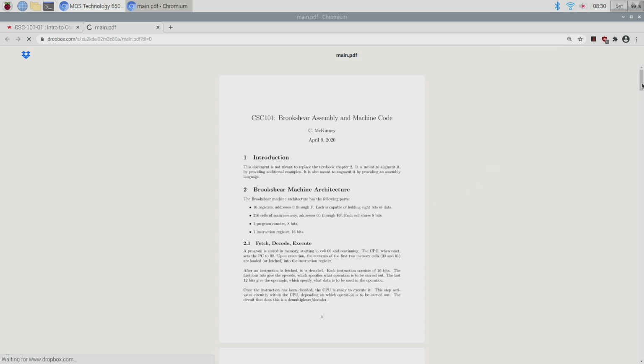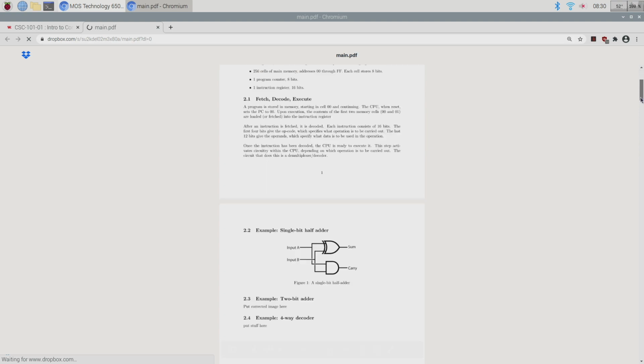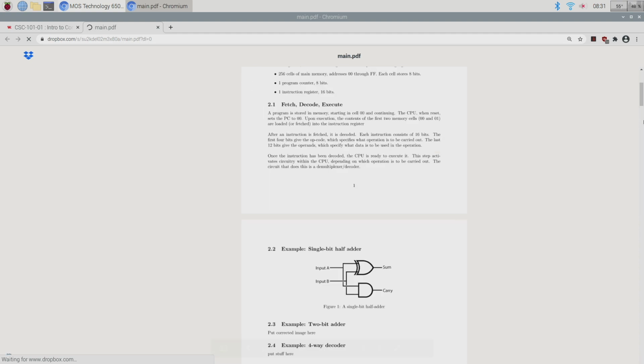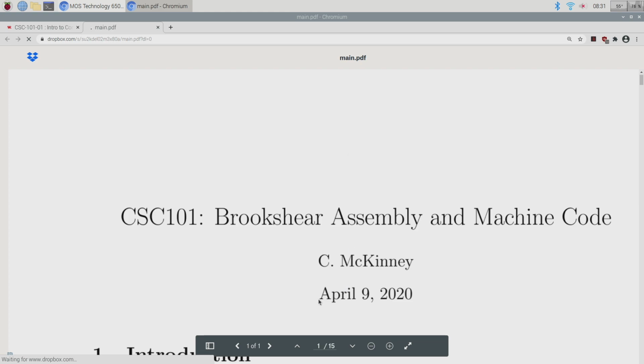We'll talk about this decoder stuff later because that's still a work in progress. You know what? I'm going to download this, because this is too slow trying to load it live.